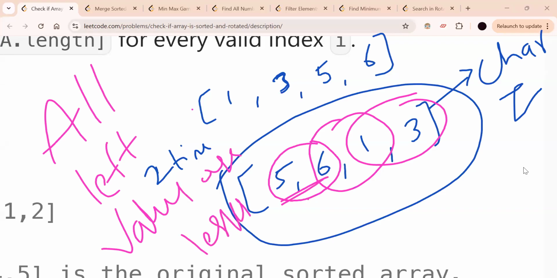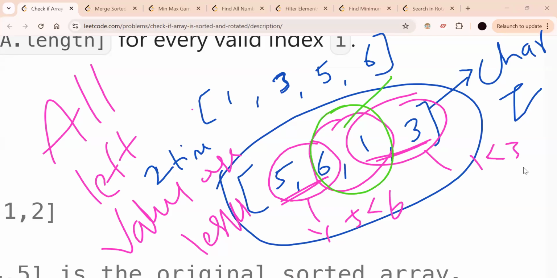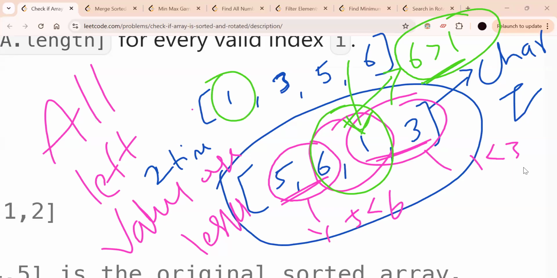Like if you take 5 and 6, 5 is less than 6. If you take 1 and 3, 1 is less than 3. But at this particular point, 6 is greater than 1. Whenever this is encountered, we can understand, okay, this is a potential start before rotating. If you observe, this is our starting point previously, right?